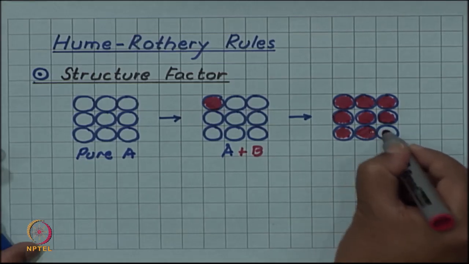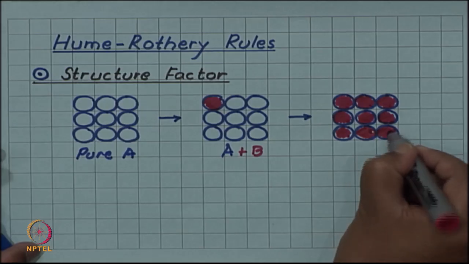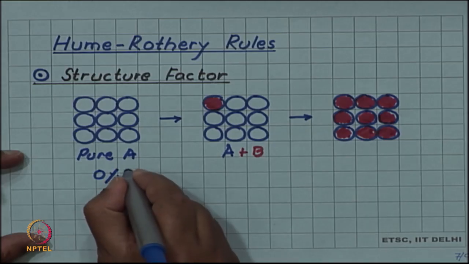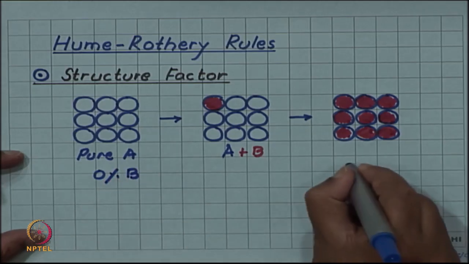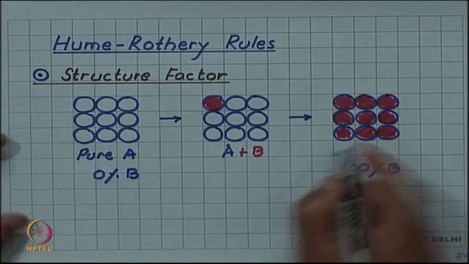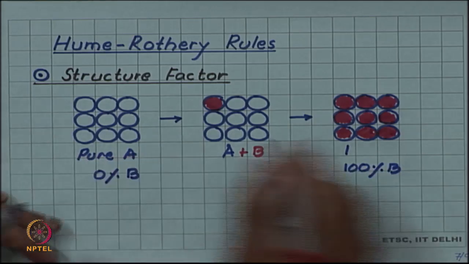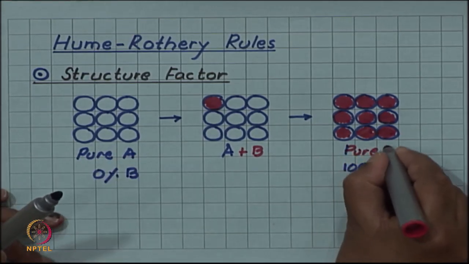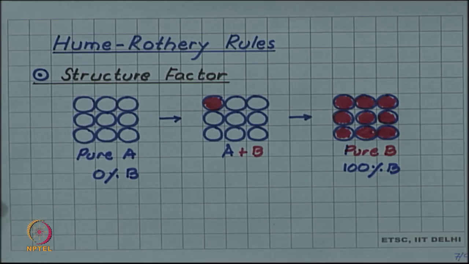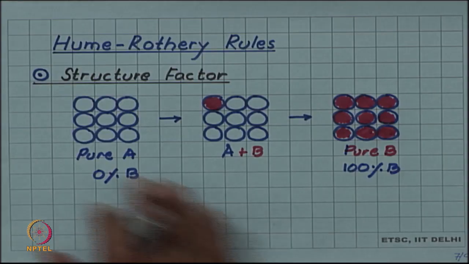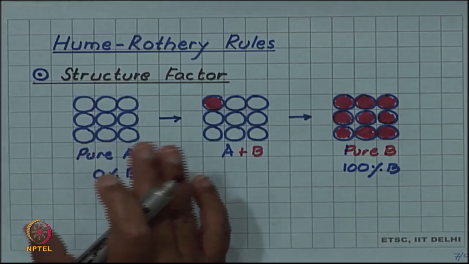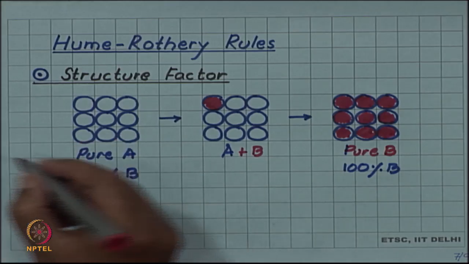If this is to happen, we were here at 0% B, which is pure A, and this is 100% B, which obviously is pure B. So, from pure A we are going to pure B. If we do this, remember, if we started with some crystal structure, let us say pure A is cubic close packed.